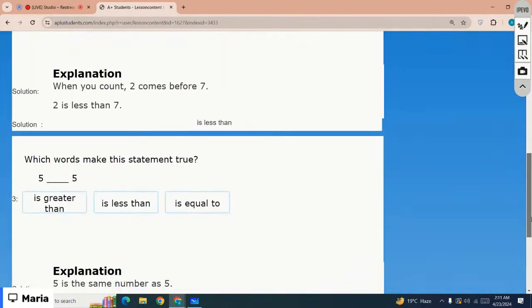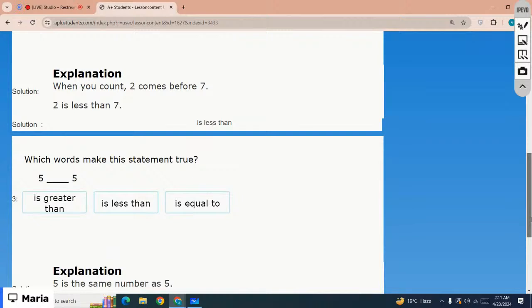Okay, the other example. Which words make the statement true? So which is the correct option? That is 5 and 5. You have to compare them, right?